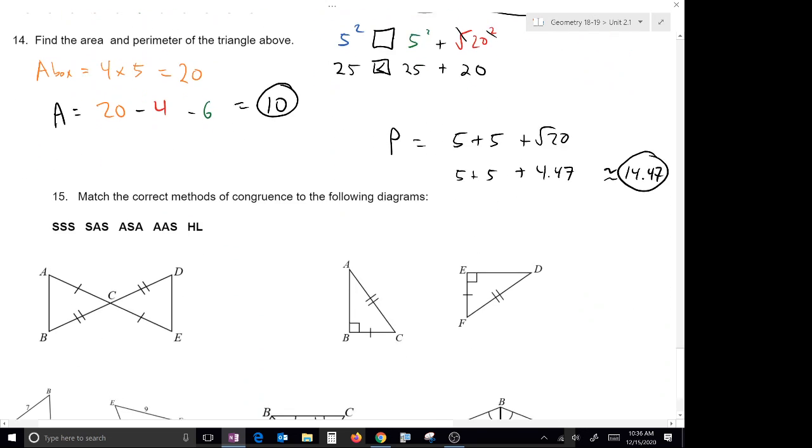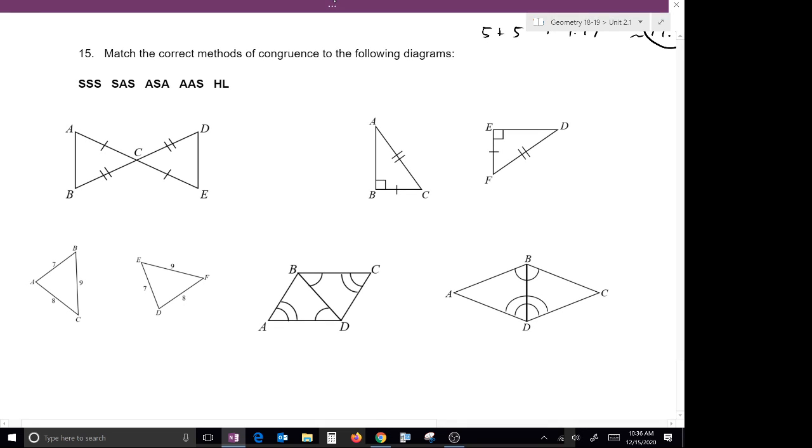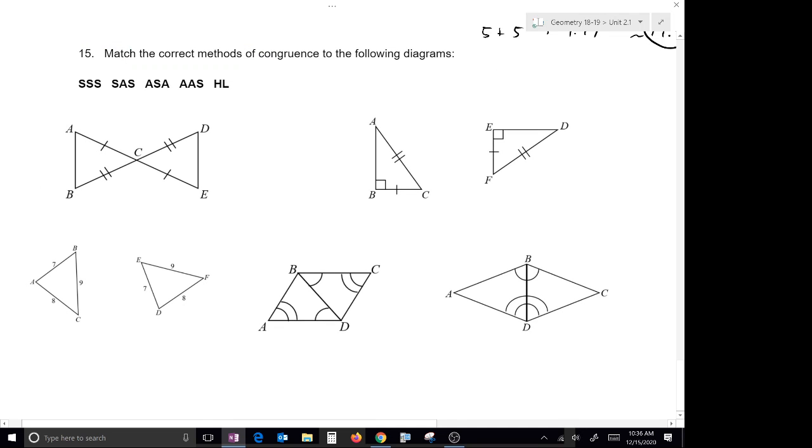Okay, last question. Match the correct methods of congruence to the following diagrams. So whenever we have a diagram, we want to look for two things. We want to look for vertical angles, or we want to look for a shared side. So first one here has vertical angles, and that's going to make it side angle side.